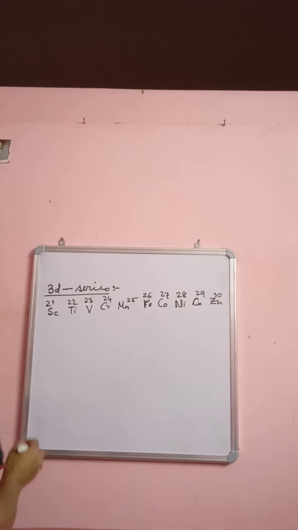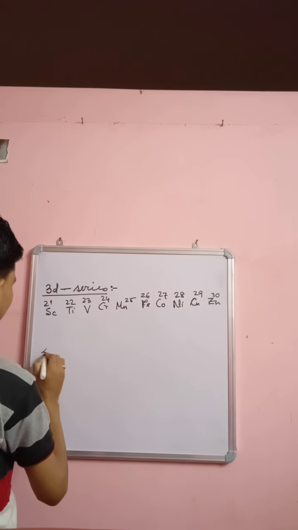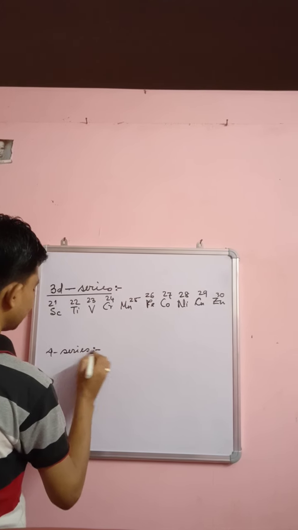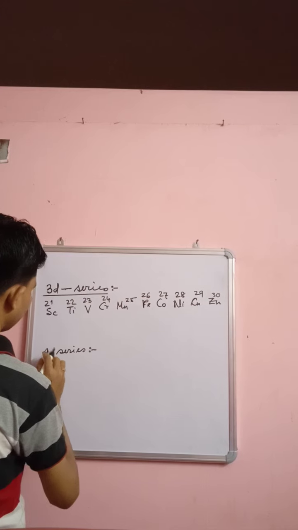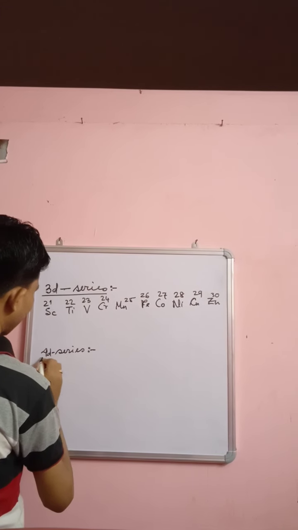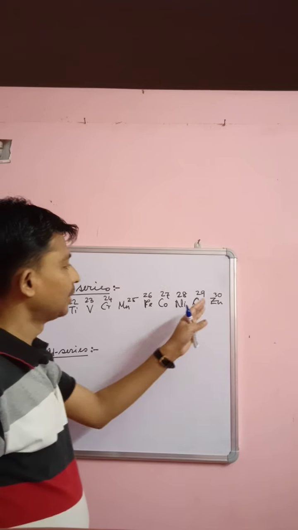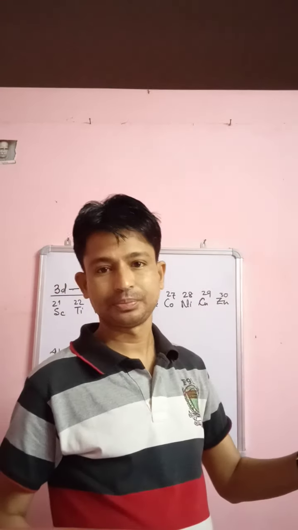Then the 4D series starts. After 30, we have 6 elements of P block.